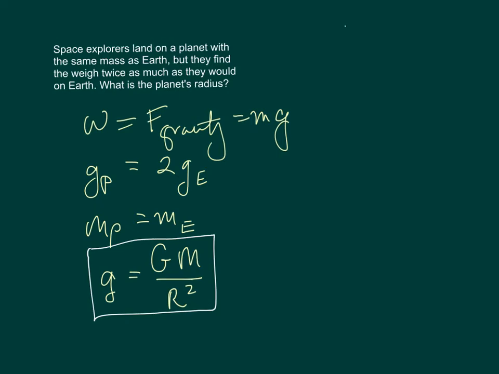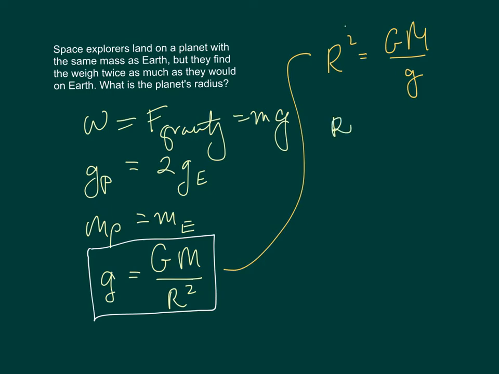So solving for r, we'll do that up here. Solving for r, we can see we have r squared is equal to the gravitational constant, the mass of the planet, over the acceleration due to the planet's gravity. I'm going to write this for the specific cases we have.